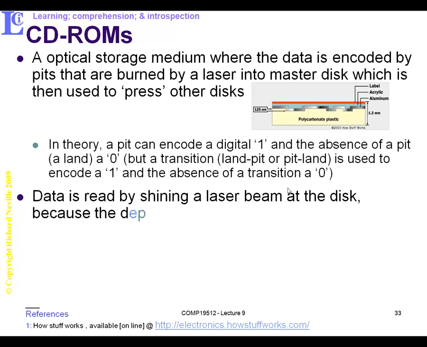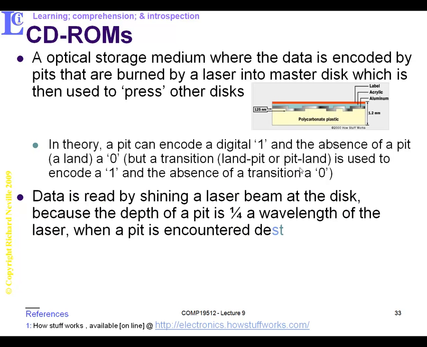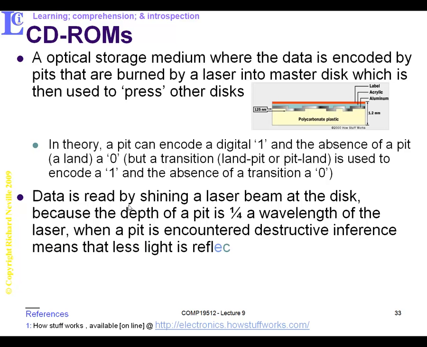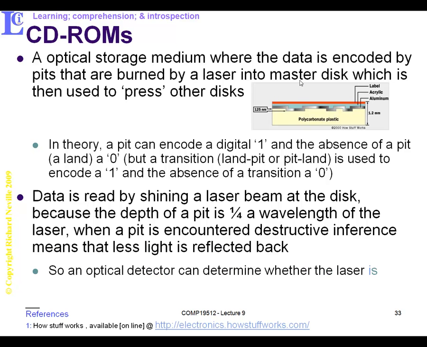Now how would we get the data from the disk? How would we read it? What we actually do is we put a laser above this and spin the disk, rotate it, and see if there's a land or a pit below the laser. The pit depth is about 1/4 of a wavelength of the laser light.